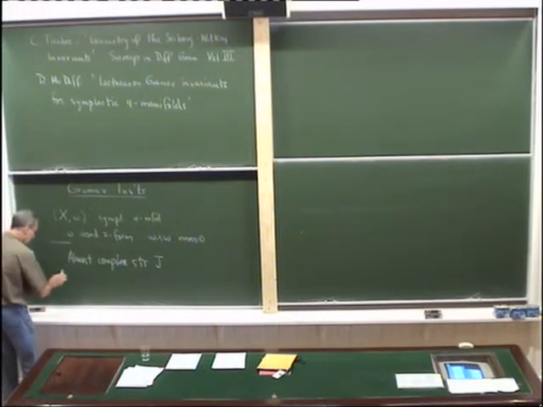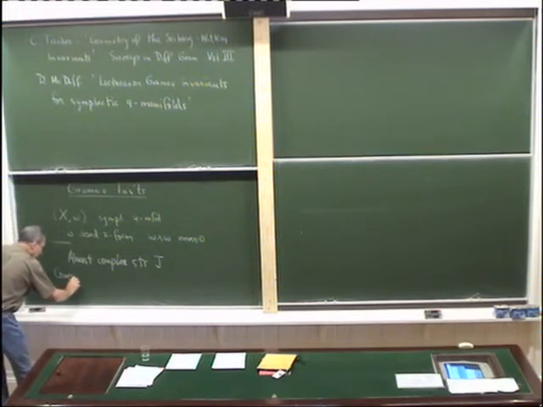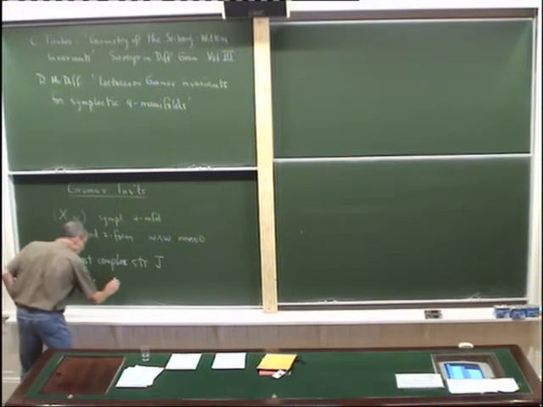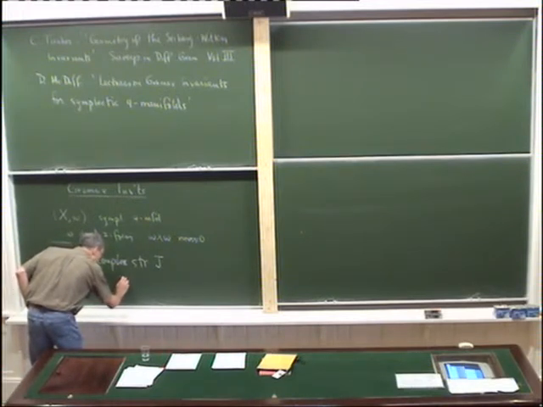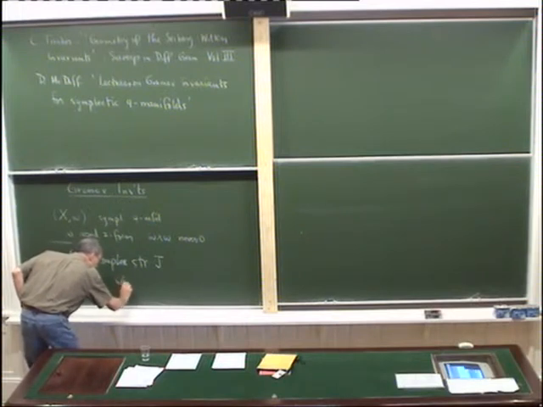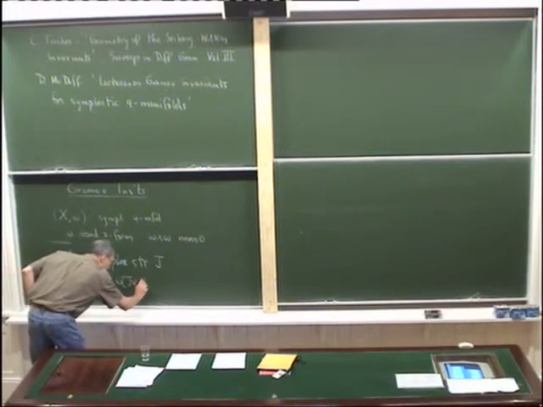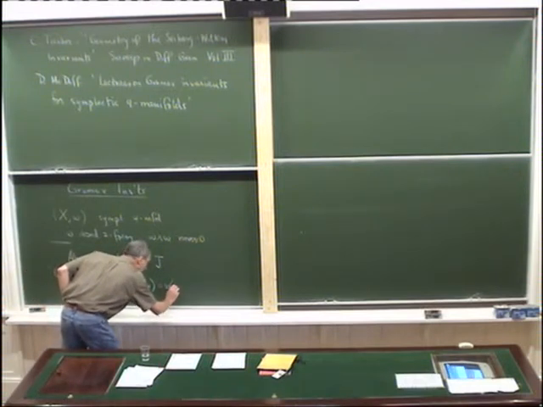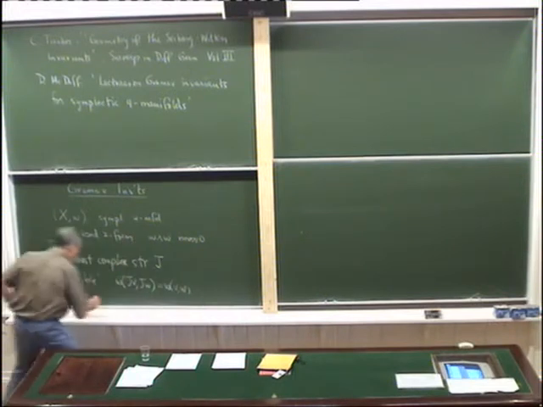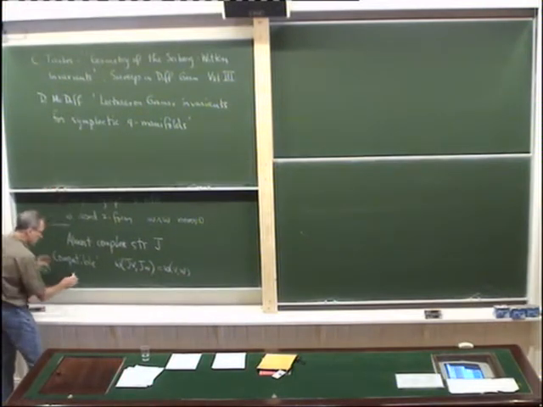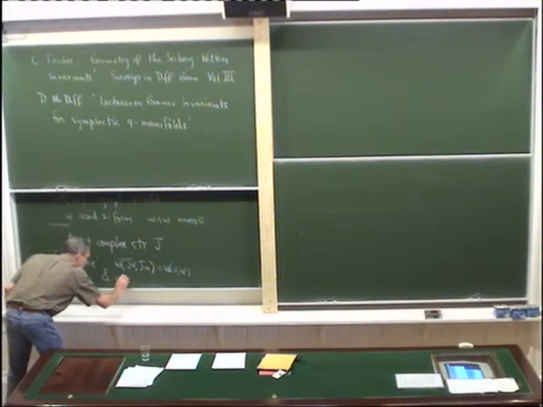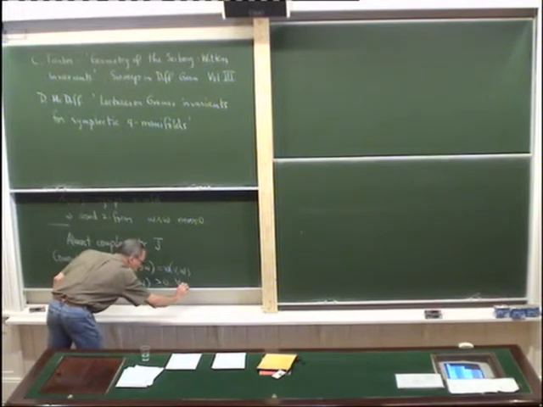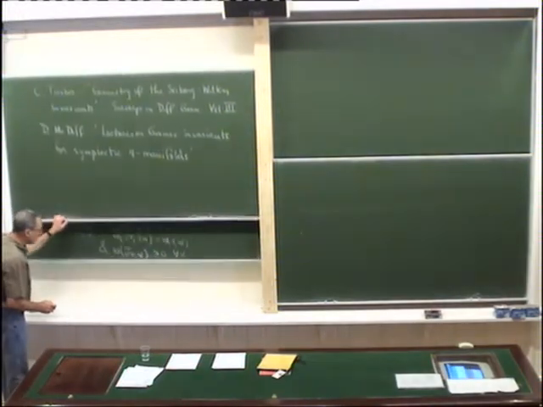So compatible almost complex structure means, first of all, that omega is J-invariant, and also that omega(v, Jv) is positive.